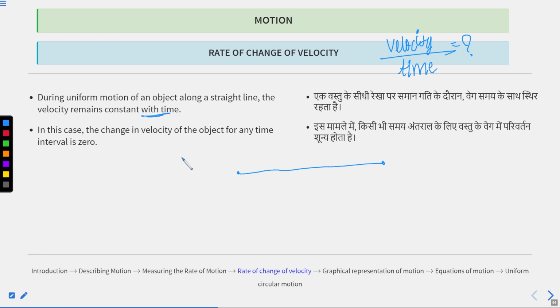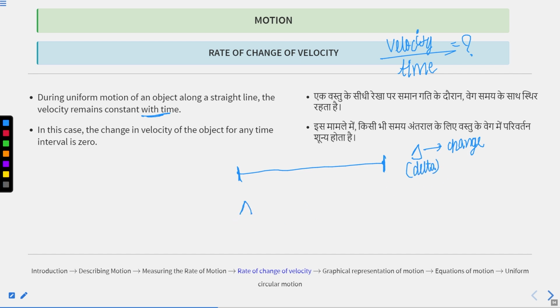In this case, the change in the velocity, delta means change. This is the symbol for change, and it is known as delta.